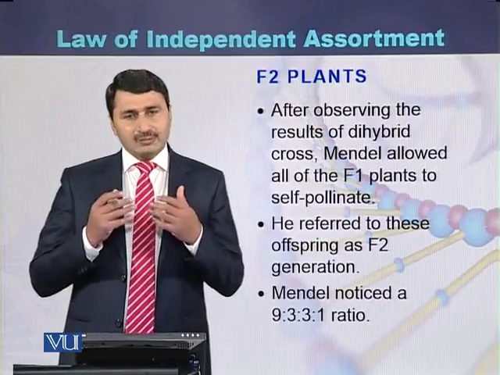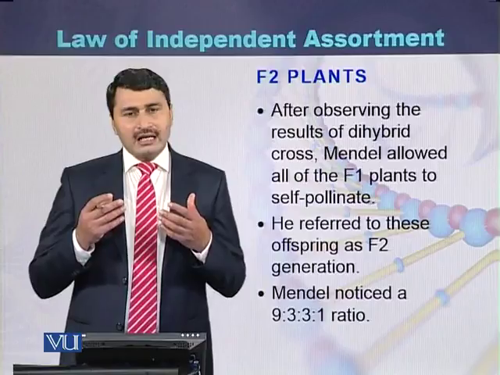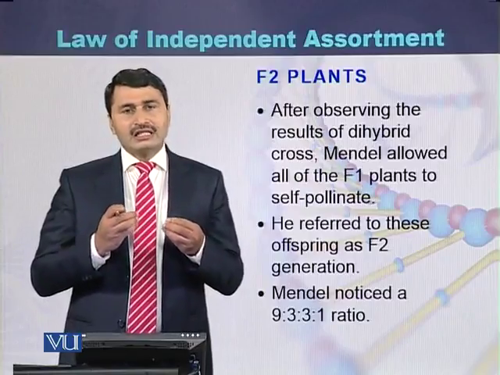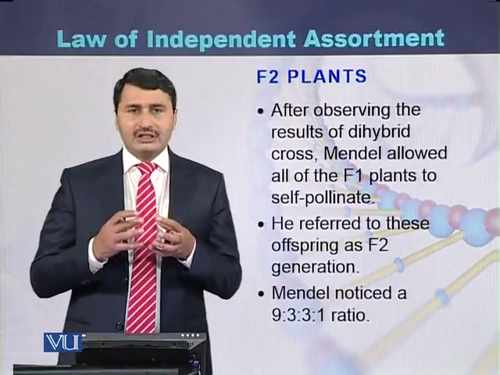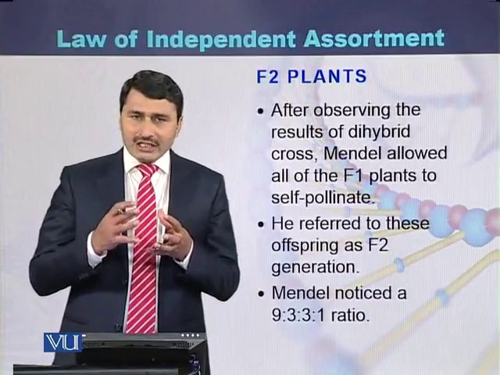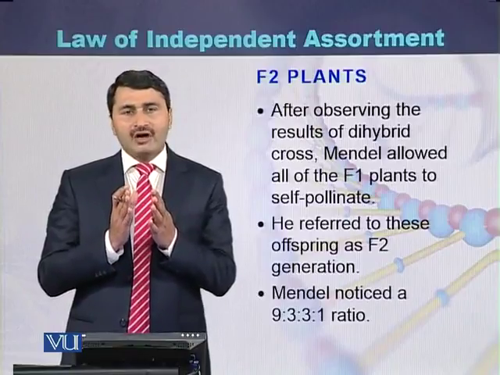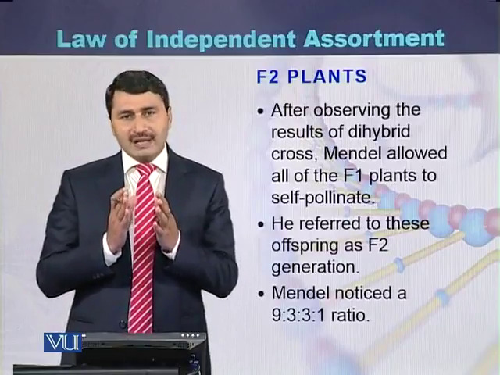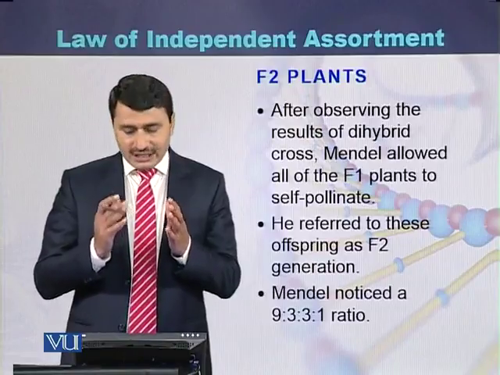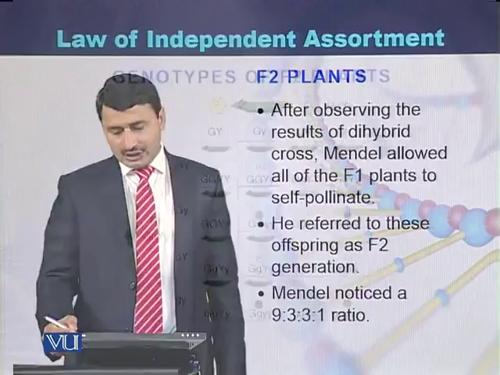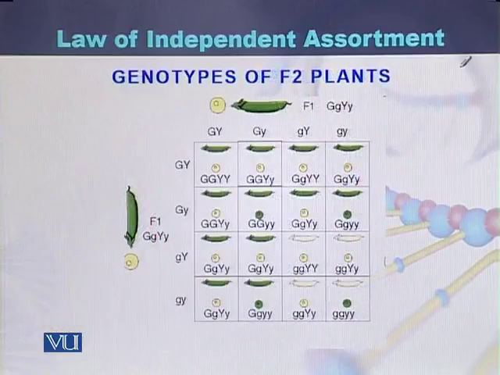That explains that the gametes are independently separated from each other. They were not united in the form of a bundle or in the form of a unit. They were separated from each other independently because the ratio was 9:3:3:1.